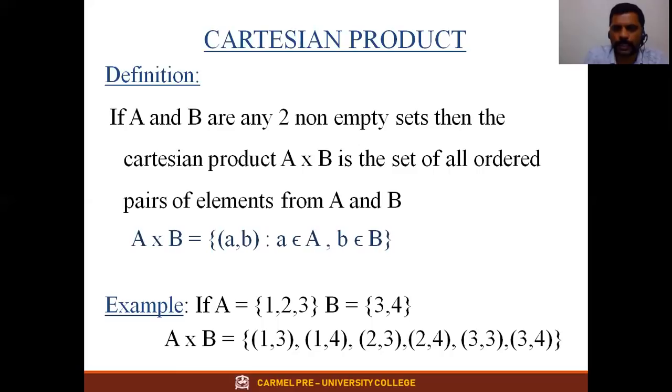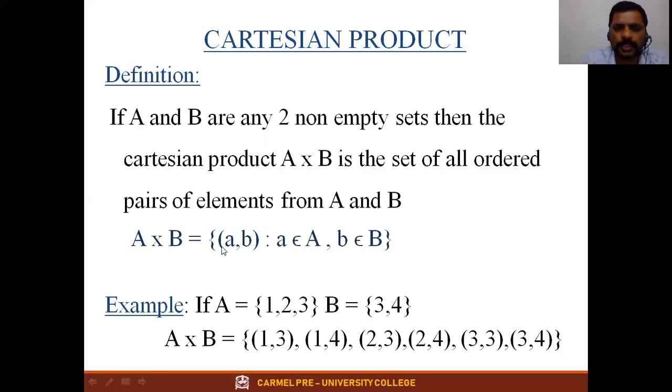What is most important here is three words. The first one is set: A cross B is a set. The next is all, I'll come back to that later. Then ordered pair. So it is not just a pair, you are taking an ordered pair. Sir, what do you mean by ordered pair? Observe the mathematical definition here.